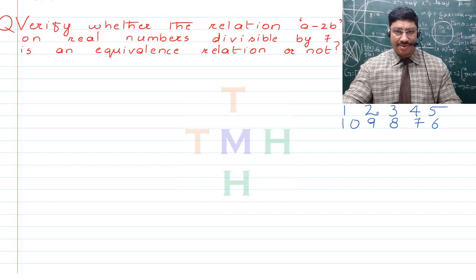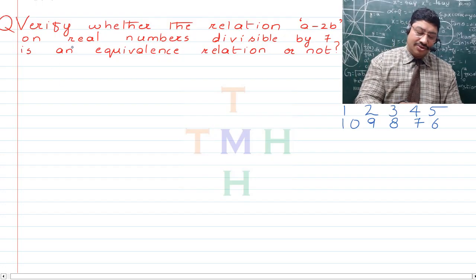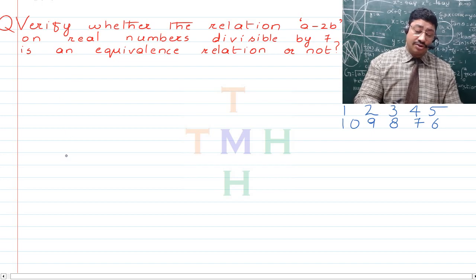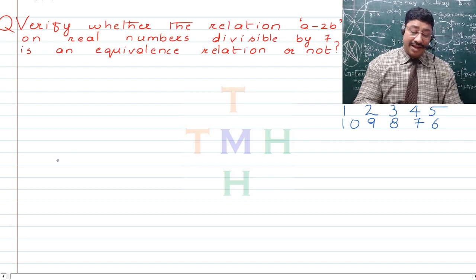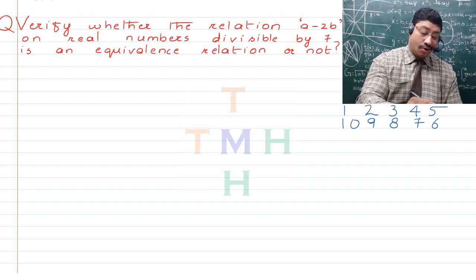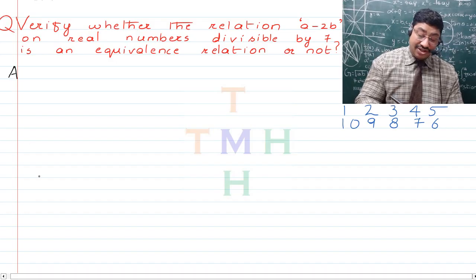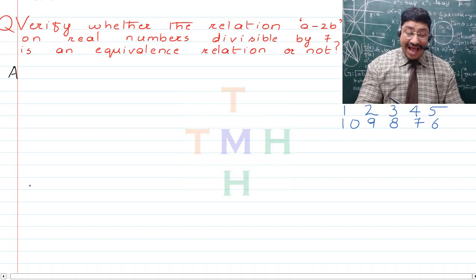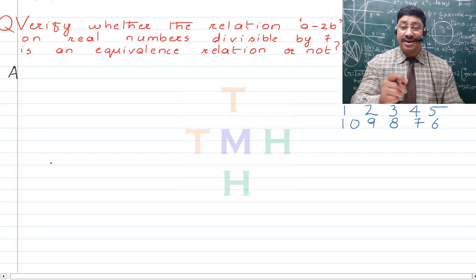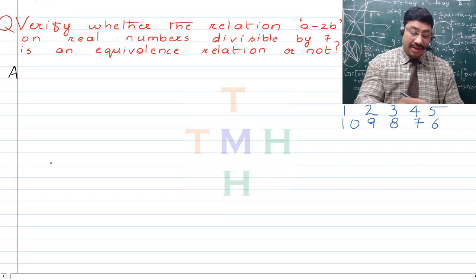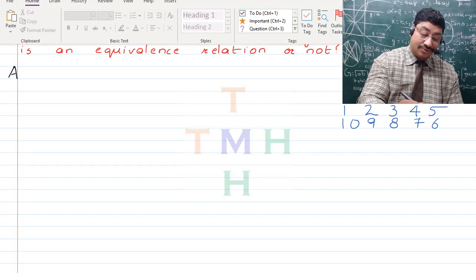Okay, so now children, here we are talking about verifying whether the relation a minus 2b on the real numbers is divisible by 7 is an equivalence relation or not. So what we do first is we will talk about this relation which has been given, that is a minus 2b, and we are going to consider some numbers for a and b. So our first task is to take an assumption.